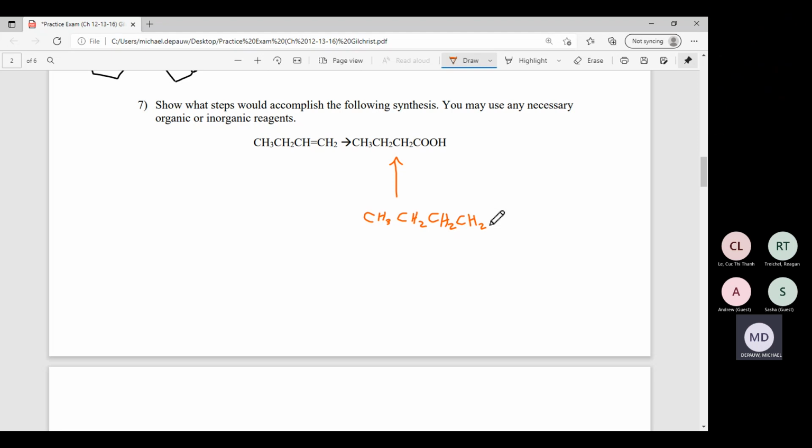Pardon me, sloppy writing, I know it's kind of atrocious. So I have a 4-carbon carboxylic acid here, and I could get that from a 4-carbon alcohol.